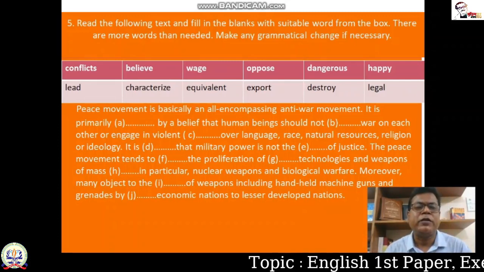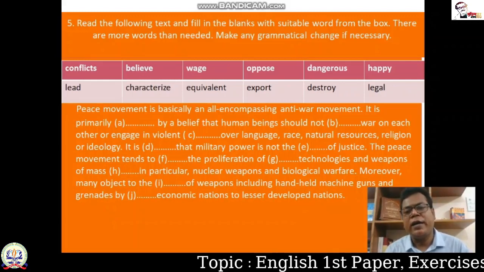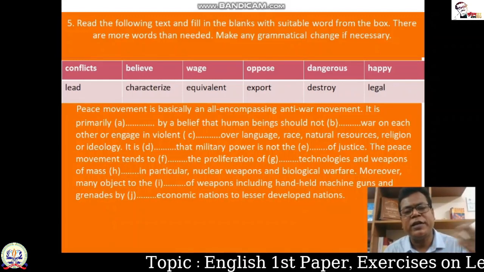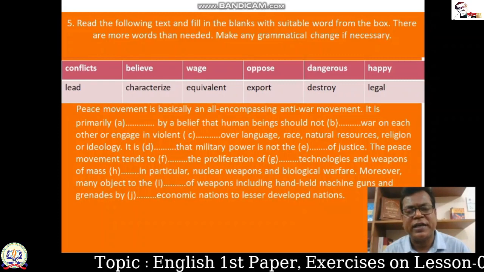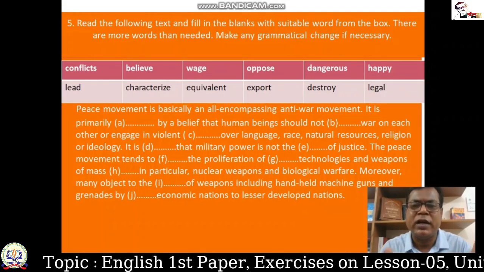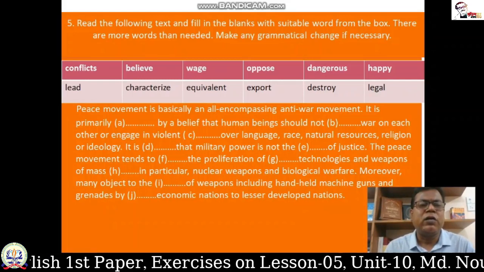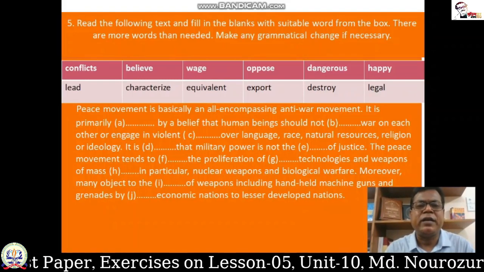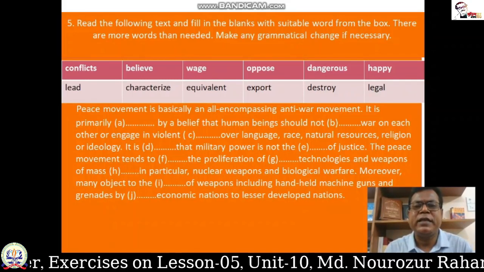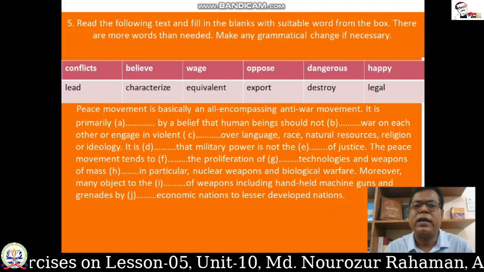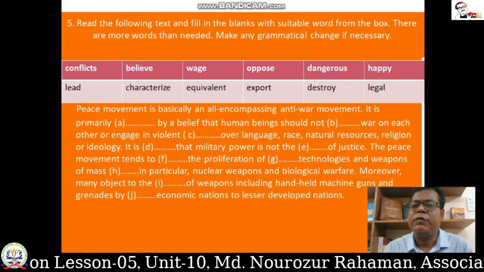Okay. So I suppose that you have already understood the passage or text. So you'll be able to understand my class. Okay, peace movement, let's try. Peace movement is basically an all encompassing anti-war movement.